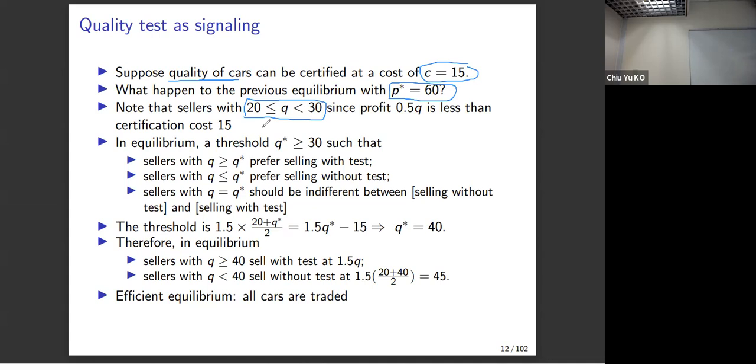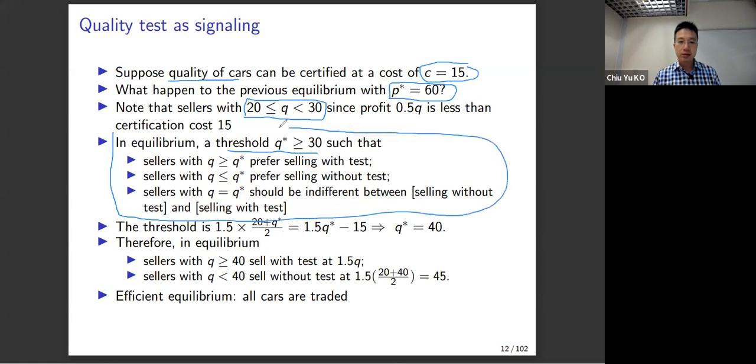Okay? Now we look at the equilibrium. We will focus on equilibrium that's a fractal equilibrium, which usually you will see in application many times. We focus on cutoff equilibrium. Cutoff equilibrium means the following. So this is the set of the equilibrium we are focusing on.